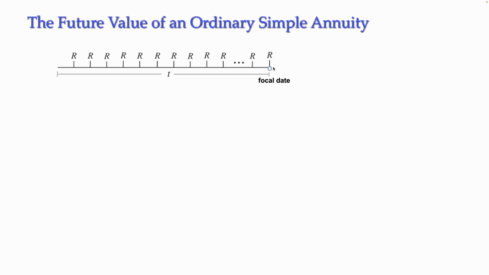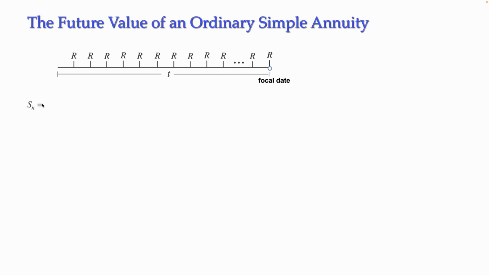We can say that the future value is the equivalent value of all the payments made in the annuity, when the focal date is the last moment of the last payment interval. So what we need to do is compute the value of all these payments at that date and add together all these values to compute the future value of the annuity.